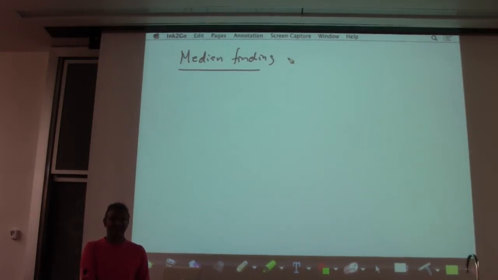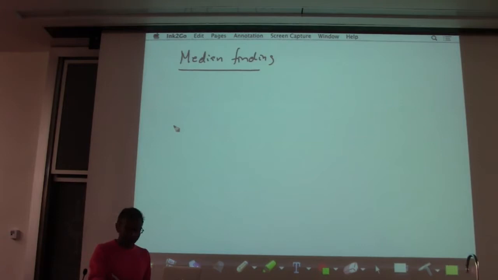So consider the following algorithm. I should say that median finding is not a problem where you want to find the optimal solution. You just want to find the solution. So what does it mean to approximate the median? Let me first define the notion of an approximate median.